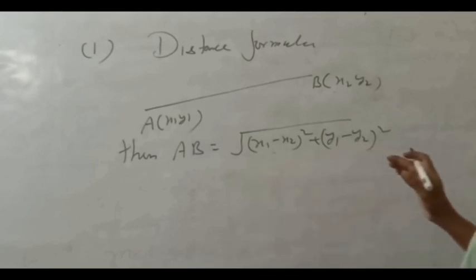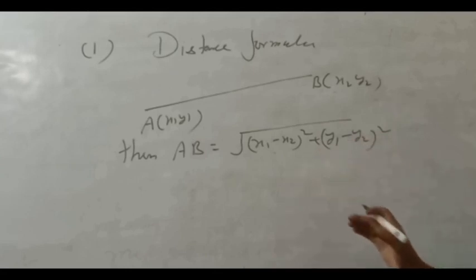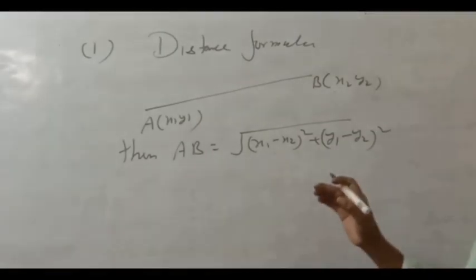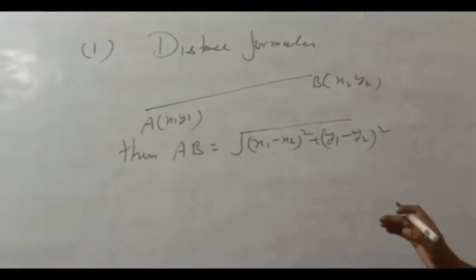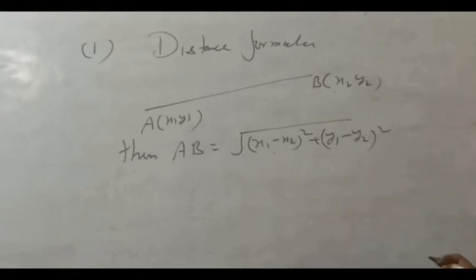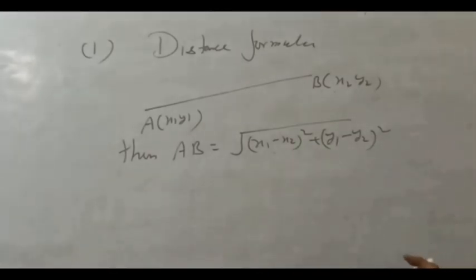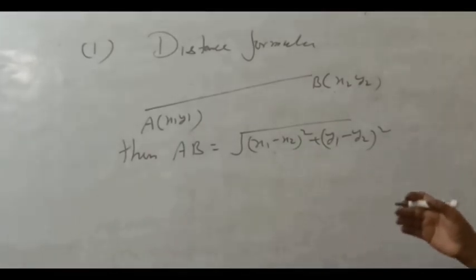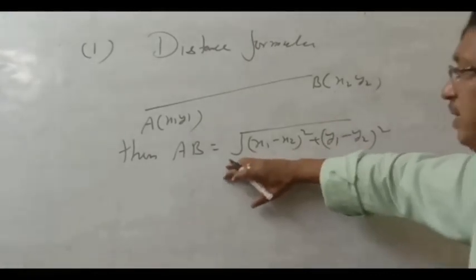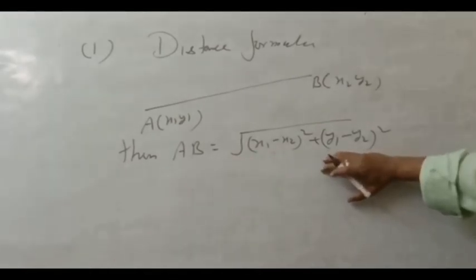Equilateral triangle, all the sides are equal. Isosceles triangle, two sides are equal. Scalene triangle, not all sides are equal. In parallelograms, rectangles, rhombuses, we can find the nature of the geometrical figure from this formula.